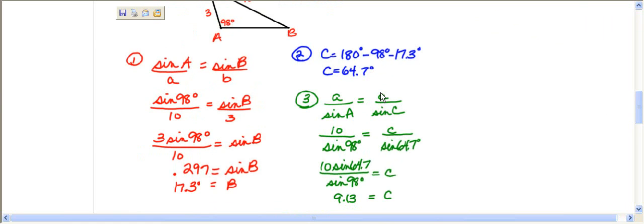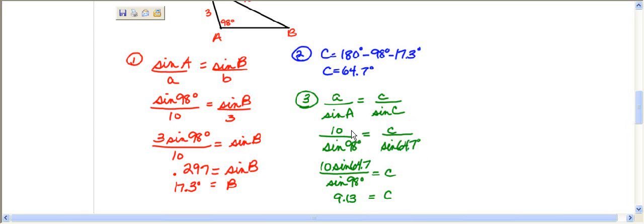Now we can set up the ratio to involve side C, so a over sine A is equal to c over sine C. Plug in the values that we know, which are 10 over sine of 98 is equal to c over sine of 64.7.